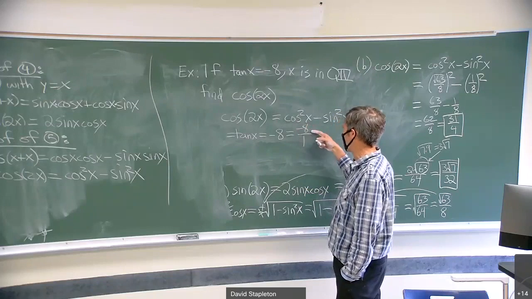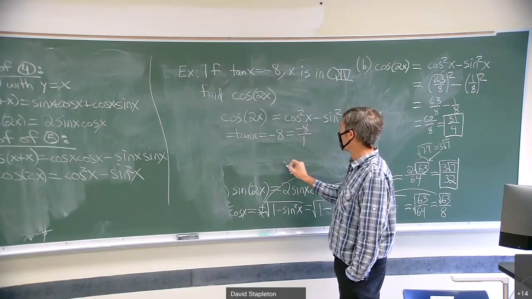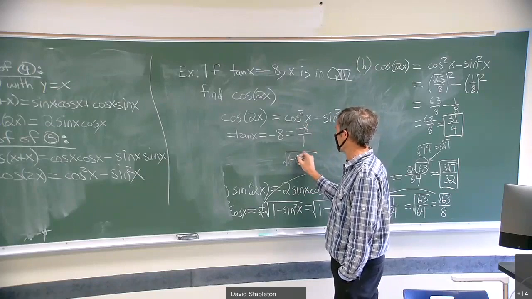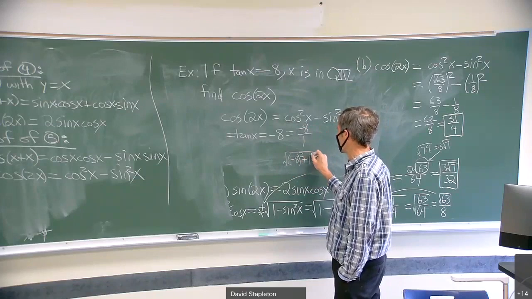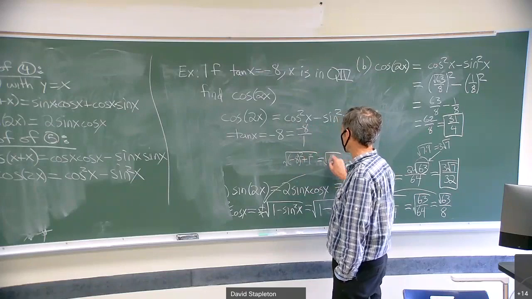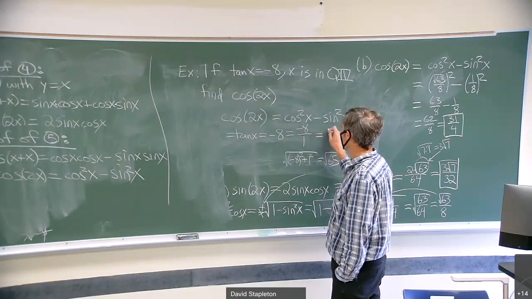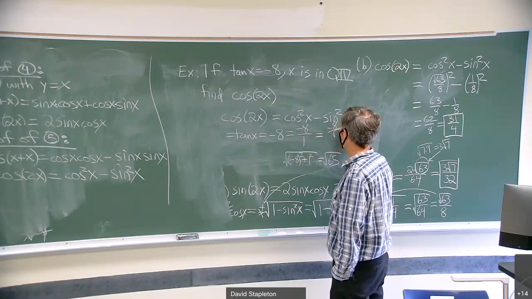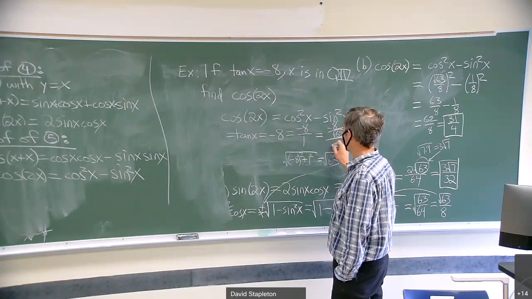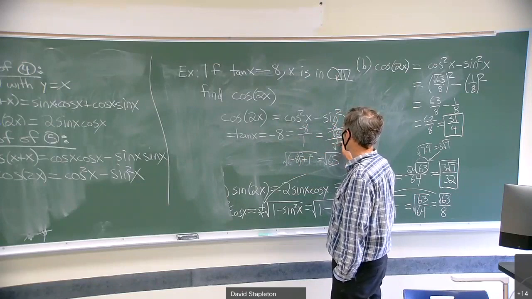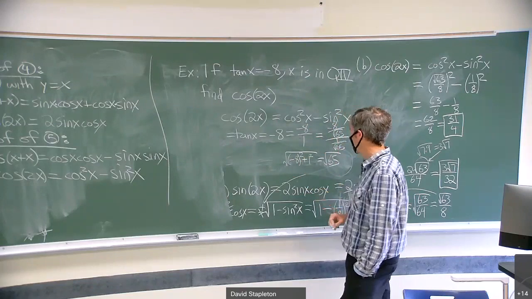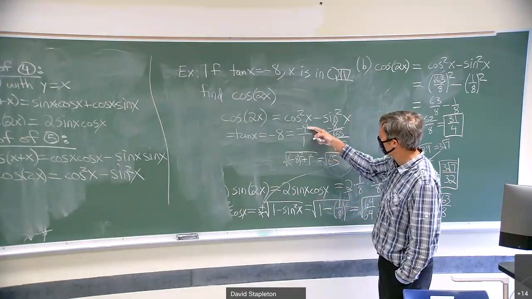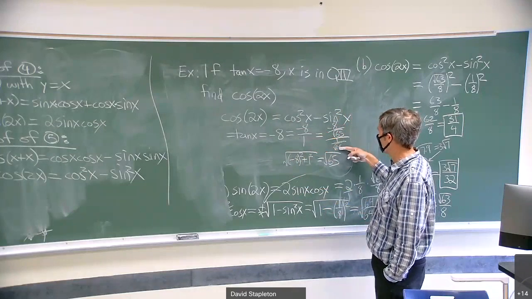This is way outside the unit circle. But if I divide through by the root sum square, the square root of -8 squared plus 1 squared, that's square root of 65, I can write this as -8 over square root of 65 over 1 over square root of 65. Right? Just dividing the top and bottom by the same number, so it's the same quotient.